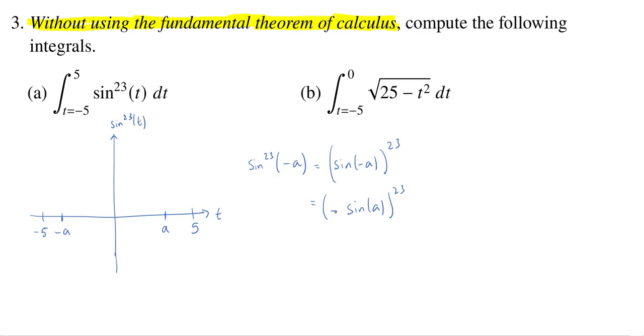And now this negative, I could think of as being a -1 times. So this is the same thing as -1 to the 23rd times sine to the 23rd of a. And if you have an odd number of negatives multiplied together, you still get a negative. So this is negative sine to the 23rd power of a.